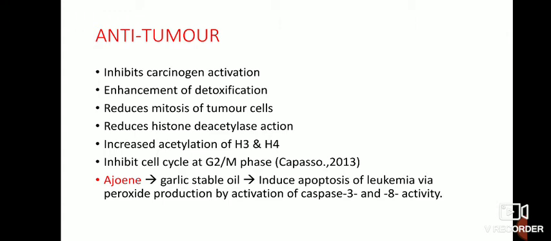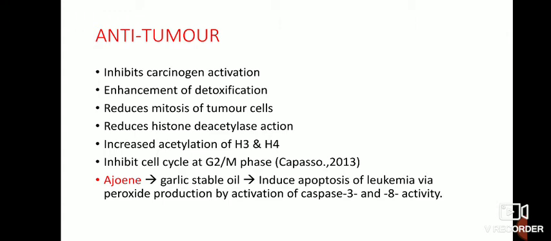And there are various hypotheses that it helps in anti-tumor action, in such a way that it inhibits carcinogen activation, enhances detoxification, reduces mitosis of tumor cells, reduces histone deacetylase action, increases acetylation of H3 and H4, and inhibits the cell cycle at the G2/M phase, which was studied by Capasso et al. in 2013.